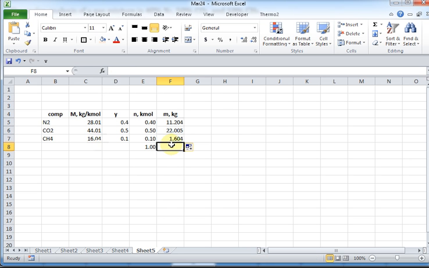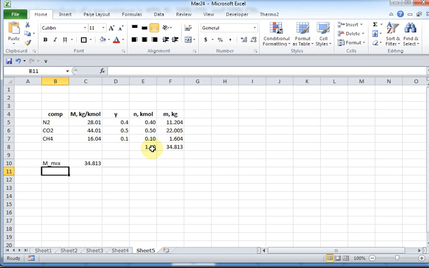If I sum that up, what does that tell me? The total mass of a mixture. Now, if I come down here and I say, what is the apparent molar mass of the mixture? M of the mixture. Okay, would it be the amount in kilograms divided by the amount in kilomoles?